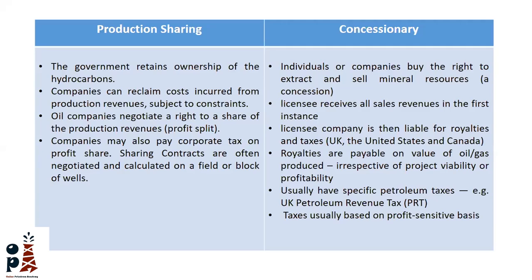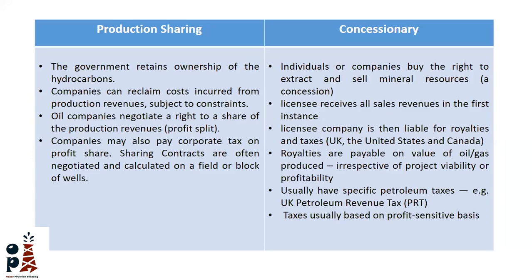Concession contract: an individual or company buys the right to extract and sell minerals. This ownership is transferred here to the individual or company. Then the company receives all the sales revenue in the first instance, but it pays the government royalty.